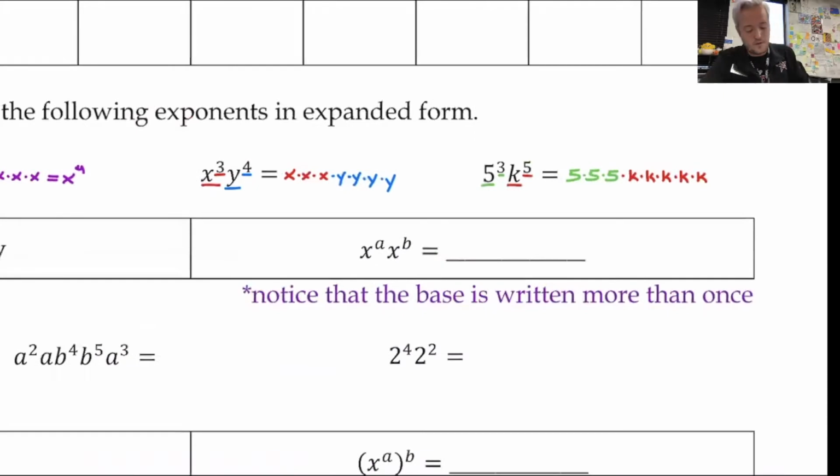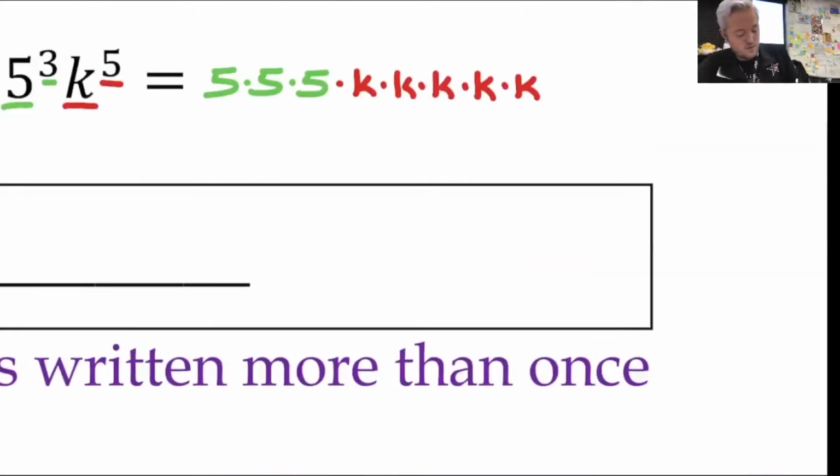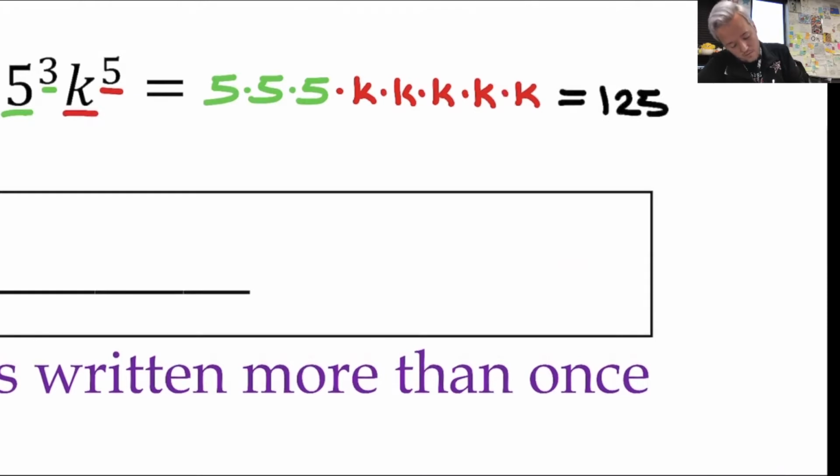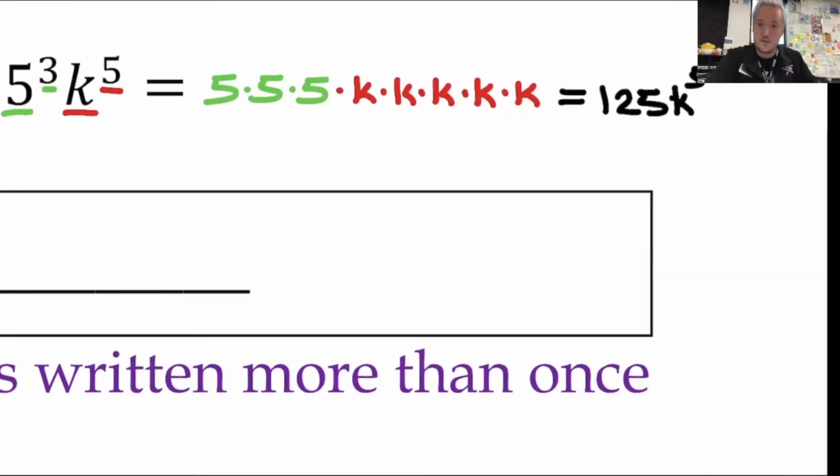All right, so I'm going to go ahead and simplify 5 cubed. So 5 cubed is 5 times 5, which is 25. 25 times 5, which is 125. So 125 k to the fifth if I were to simplify.